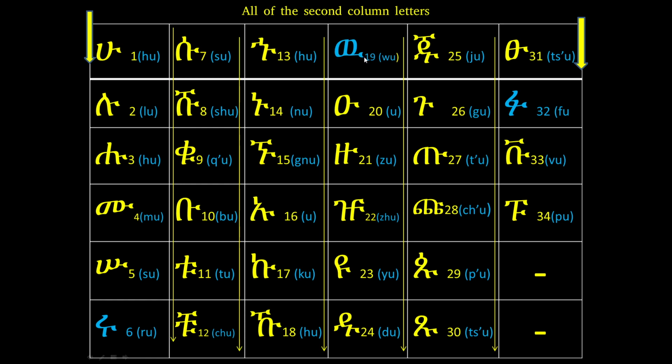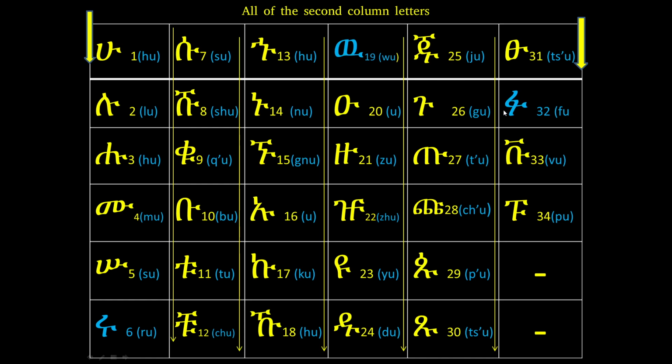All the second column letters, let's go together. Hu, lu, hu, mu, su, ru, su, shu, ku, bu, chu, hu, nu, nyu, ku, hu, wu, zu, ju, du, ju, gu, tu, chu, pu, tsu, fu, vu, pu.